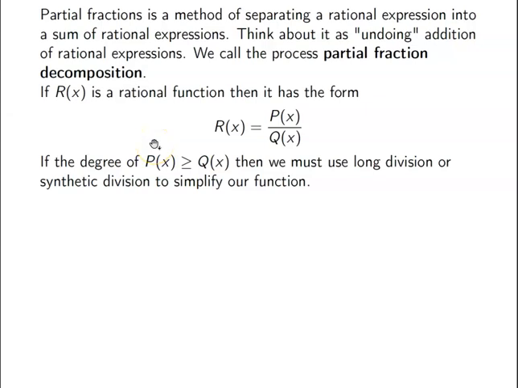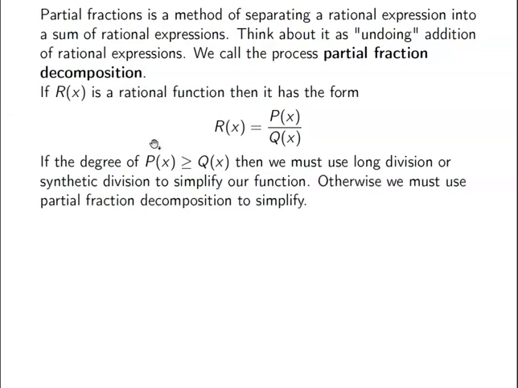Okay. So first thing that we're going to do when we see a rational function that has polynomials in the numerator and denominator, we want to look at the degree of the numerator in comparison to the denominator. If my numerator has a higher degree polynomial, or if they're the same, then we want to use synthetic division or long division, depending on what we have for q.